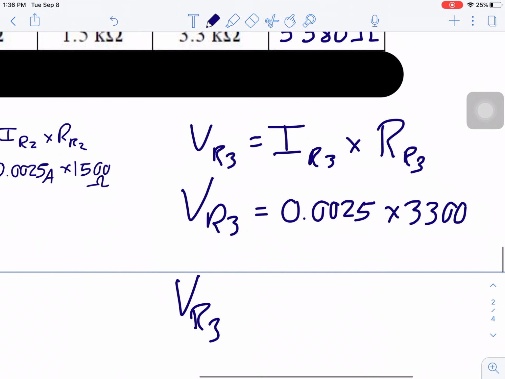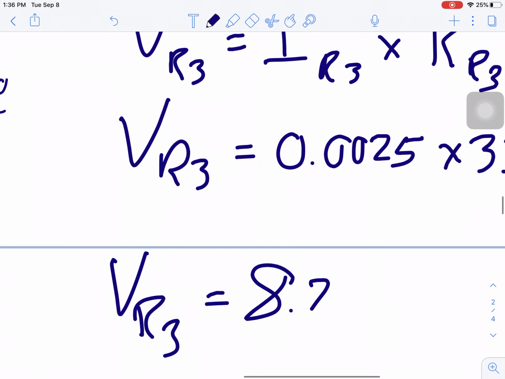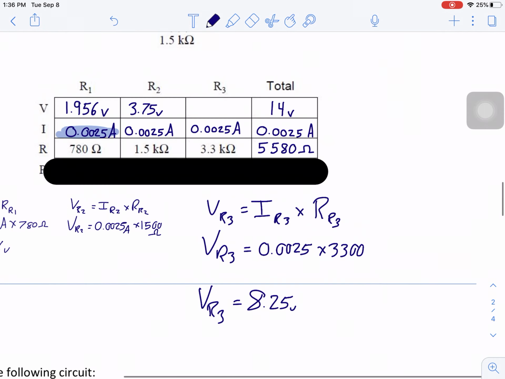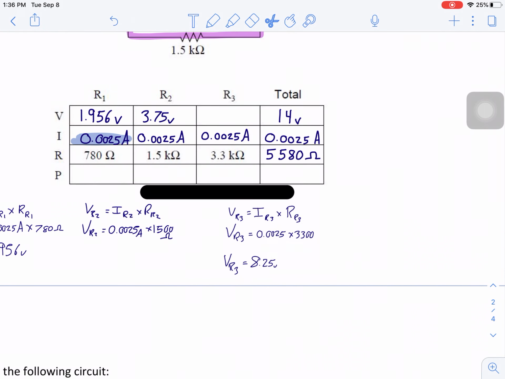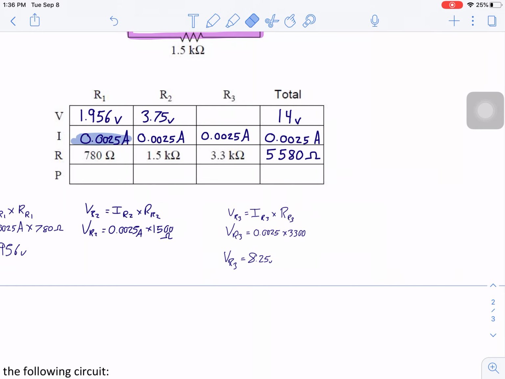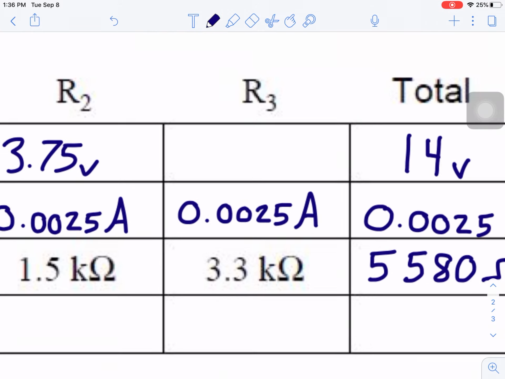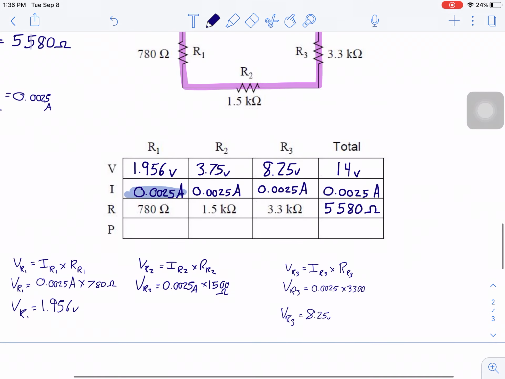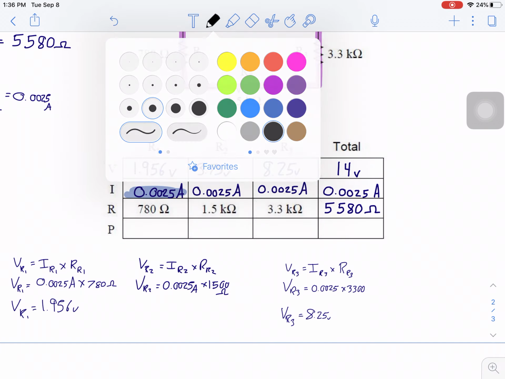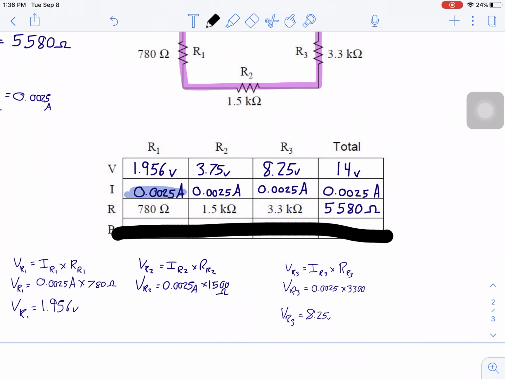And that ends up being, let's see here, 0.0025 times 3,300, 8.25 volts. I'll shrink this guy down. So this was 8.25 volts. And at this point, outside of the power, we have everything that we need.